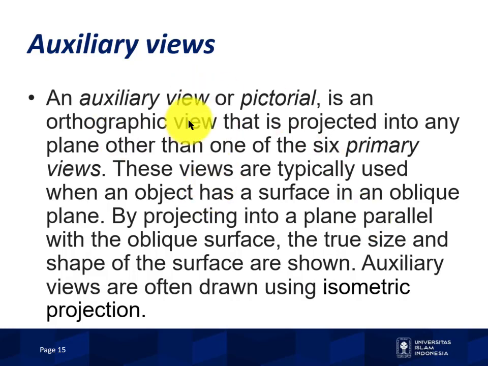So oblique projection or isometric projection or perspective projection is just like we look at the 3D object in the way of 3D projection.